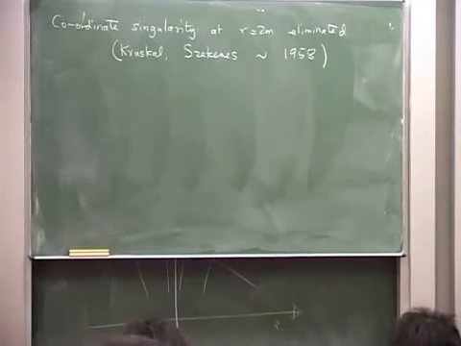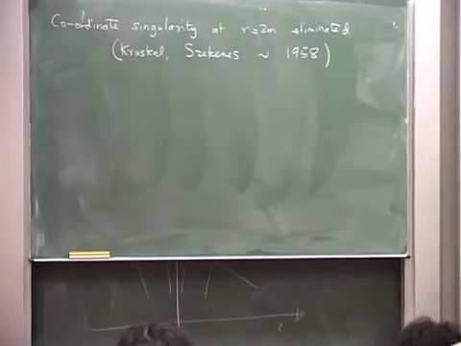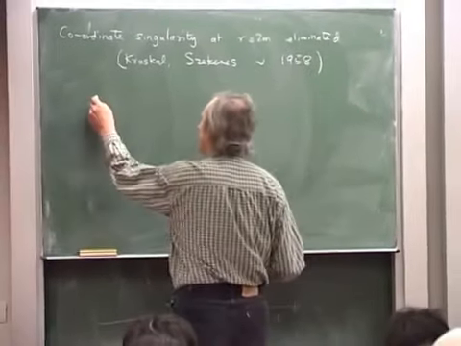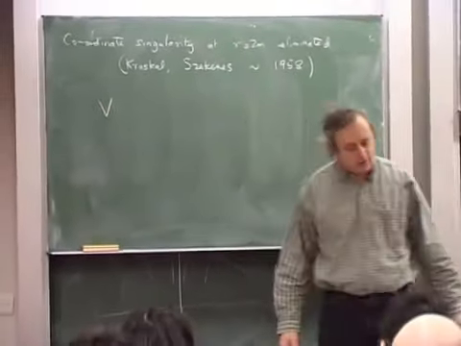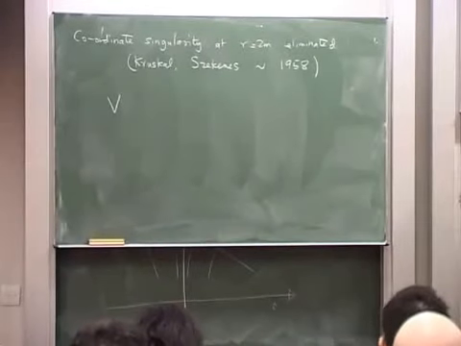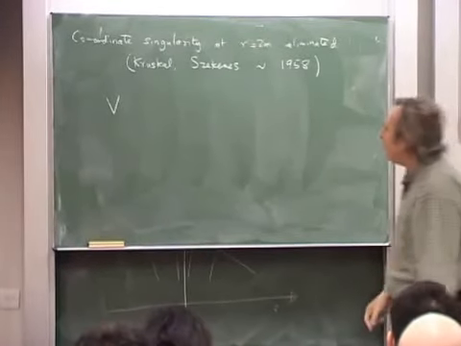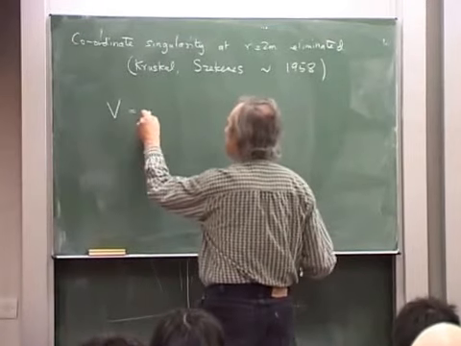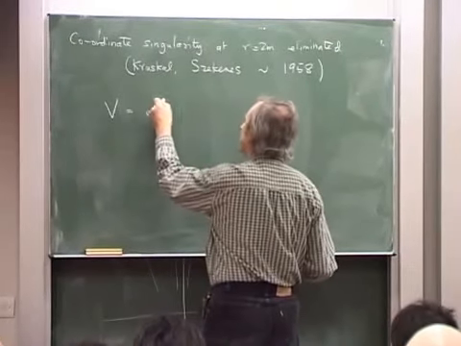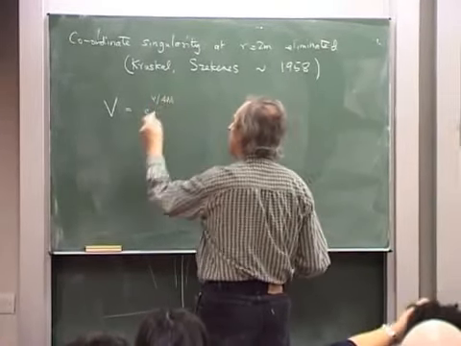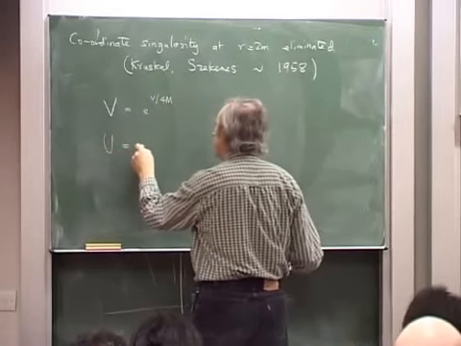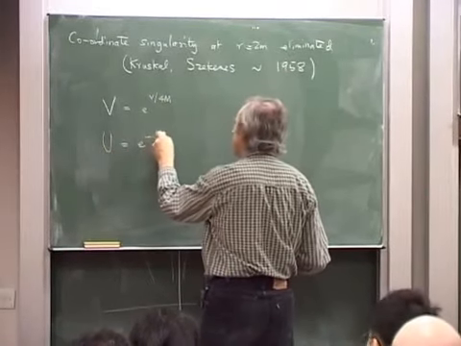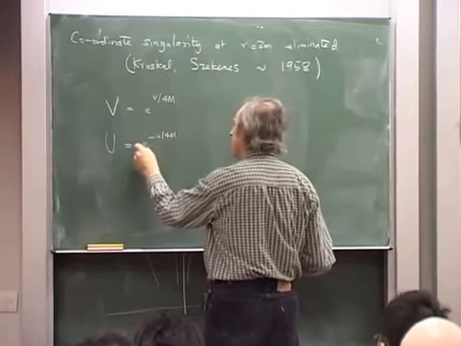They said, well, you just exponentiate little u and little v. So they invented a set of coordinates which unfortunately usually goes by the name of Kruskal coordinates, although I think really Szekeres did it first, often the way. Big V is e to the little v over 4m, and big U is e to the minus u over 4m with a minus sign.